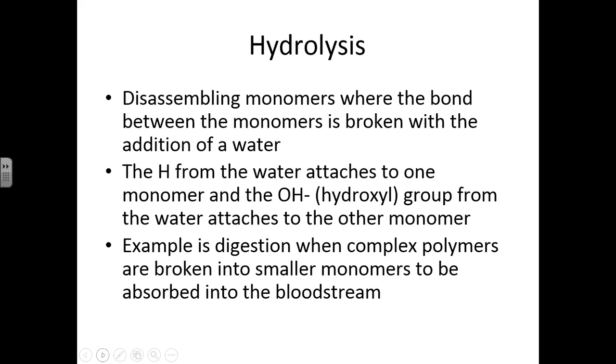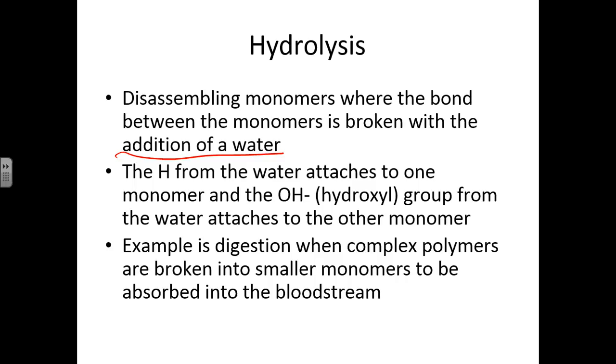Hydrolysis is disassembling the monomers where the bond between the monomers is broken with the addition of water. The H from the water attaches to one monomer, and the OH, or the hydroxyl group from the water, attaches to the other monomer. An example here is digestion, when complex polymers are broken into smaller monomers to be absorbed into the bloodstream. So you're eating a big bunch of pasta.